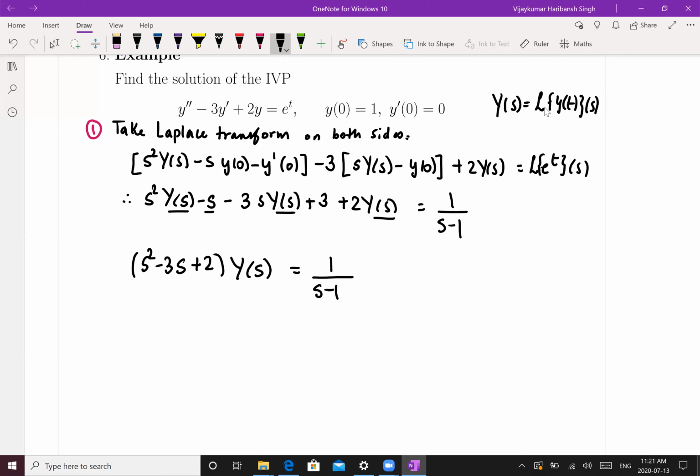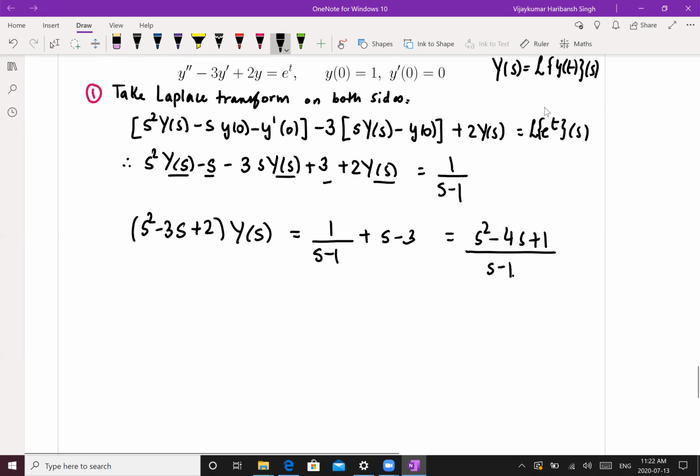But we have s and 3, which will go on the other side to become plus s minus 3, which is the same as, if you multiply and add, s squared minus 4s plus 1 divided by s minus 1. So therefore, when you find y(s), this is s squared minus 4s plus 4 divided by s squared minus 3s plus 2.